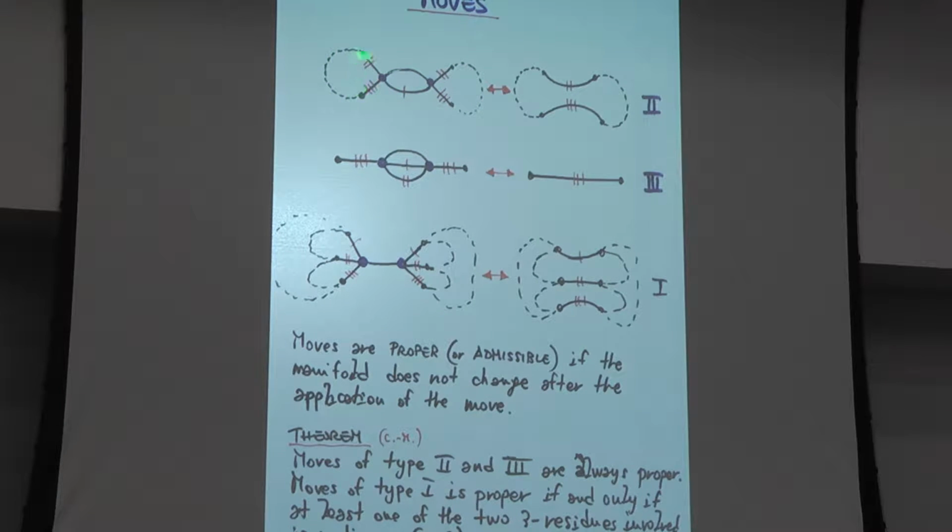So this circle is disjoint from this circle. So in this case, the dipole is proper or admissible, and you can perform the move, just removing the dipole and attaching the edges with the same color.